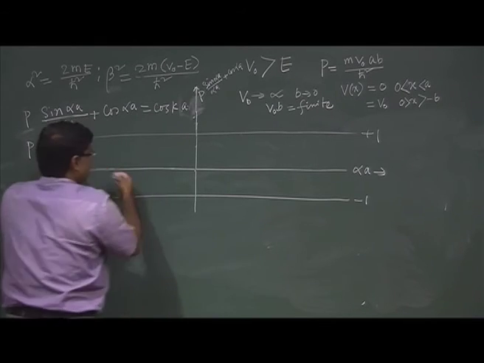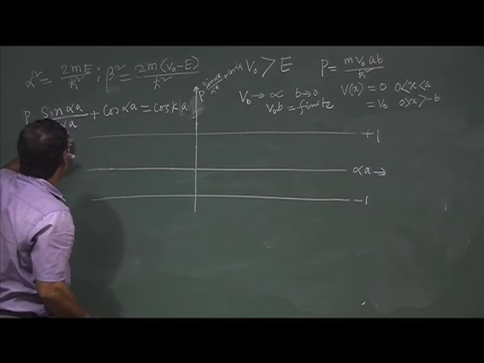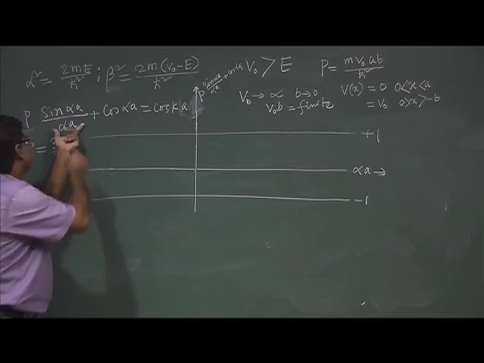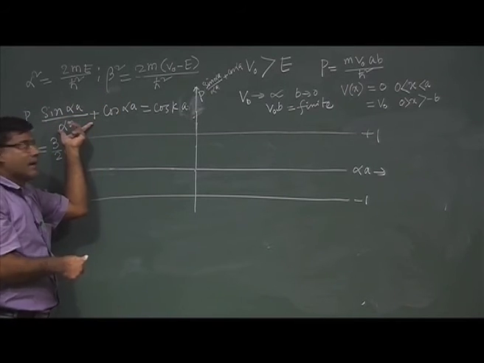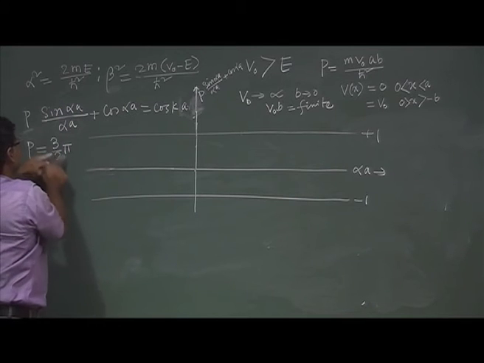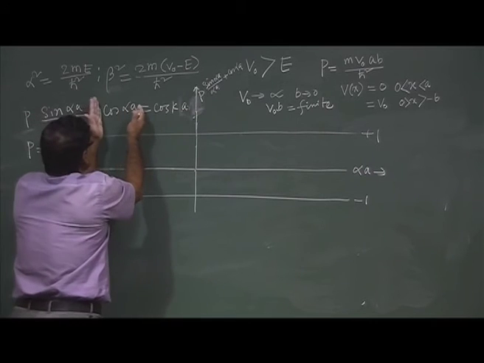Now if alpha a is increasing, this value cannot be higher than 1, right, but this value is increasing, and then this term will decrease, because p is constant here. So this term will decrease. Mainly it will follow this term.